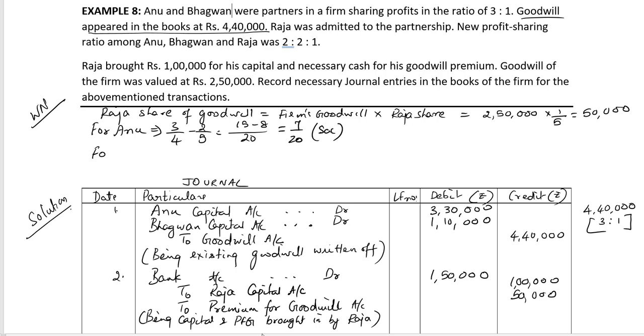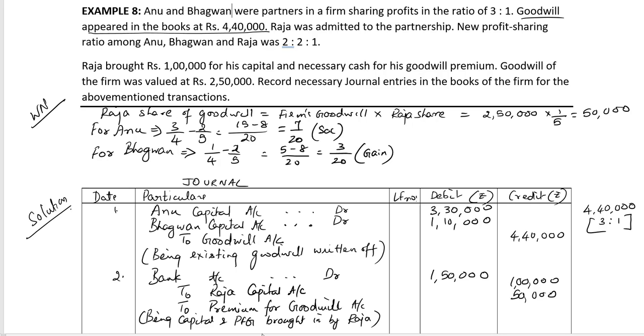For Bhagwan, it's 1/4 minus 2/5. We have a negative 3 divided by 20 and Bhagwan gains.